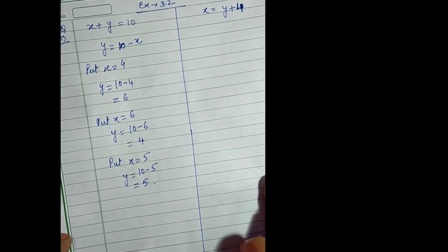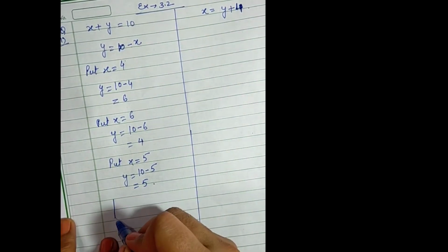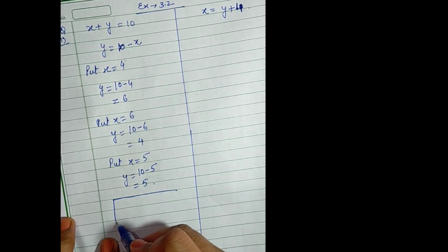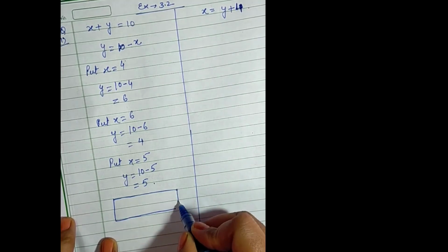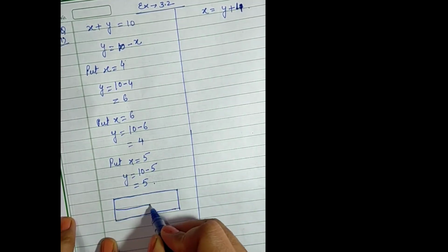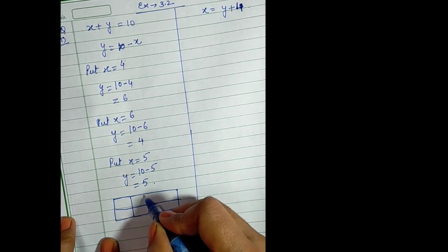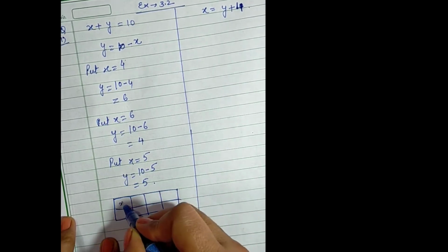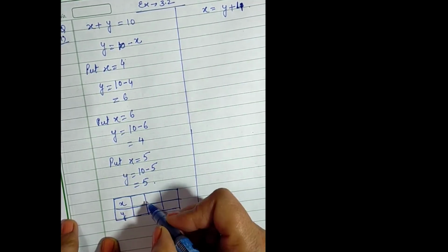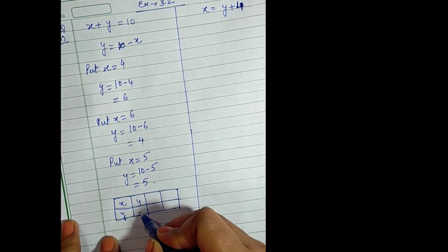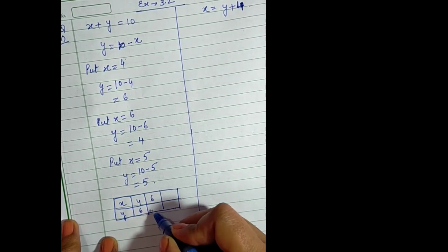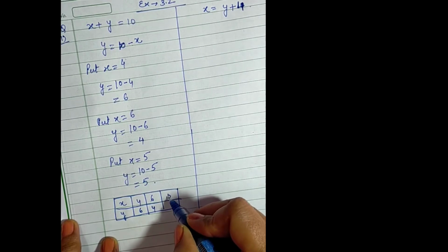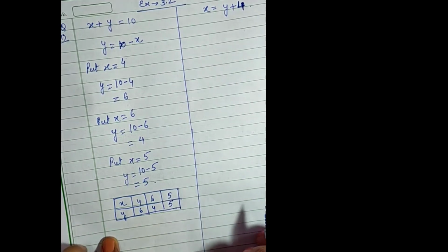So here I got 3 solutions, and we have to find at least 3 solutions, because the third point judges whether your line is straight or not. So x is 4, y is 6; x is 6, y is 4; x is 5, y is 5. So we got the table.